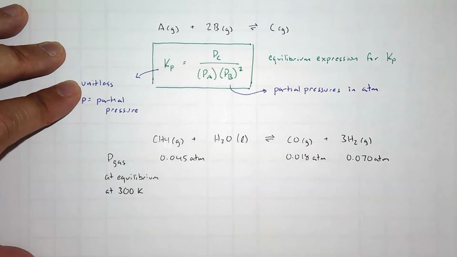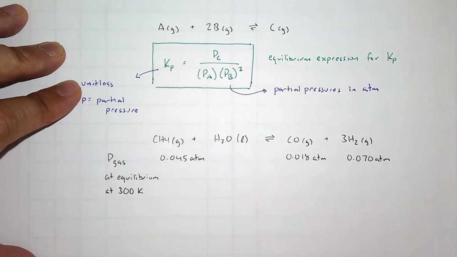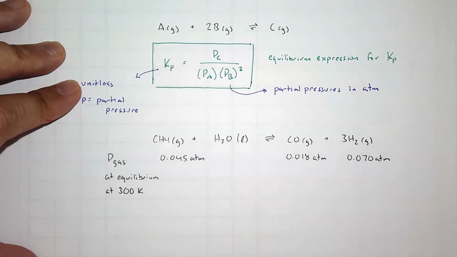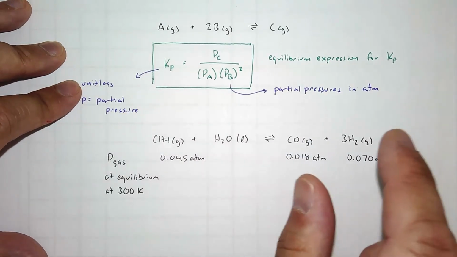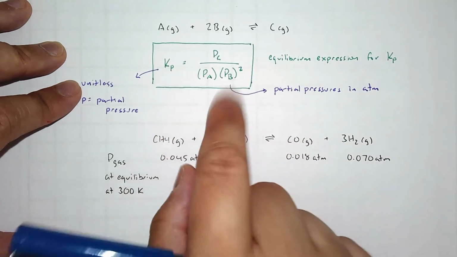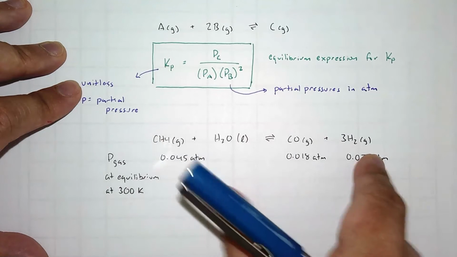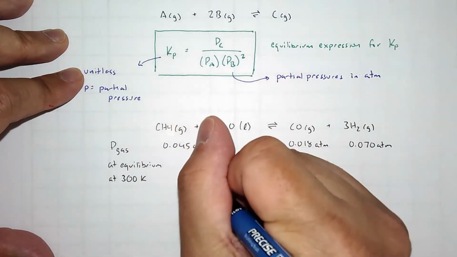So you are still allowed to calculate Kp even if one of the components is not a gas. I'm pretty sure that if one of the components is aqueous, you cannot use Kp. So whatever is in the equilibrium expression has to be a gas. But you know that liquids and solids are not in equilibrium expressions.